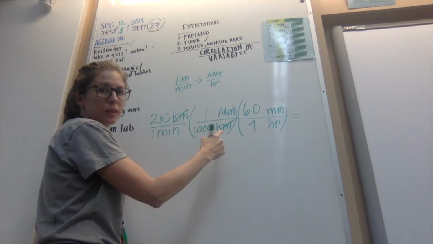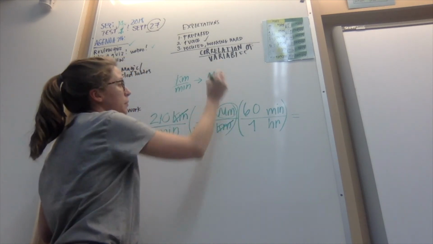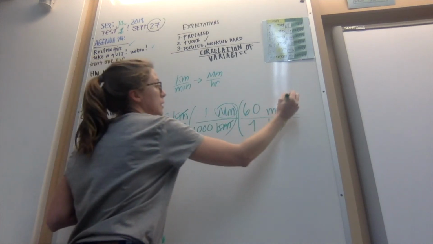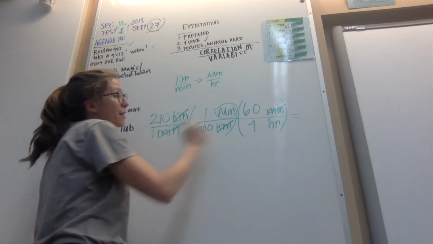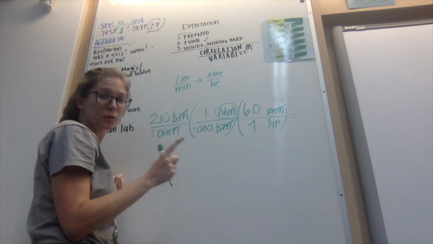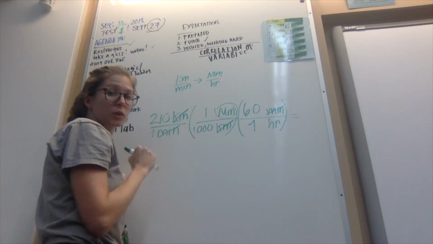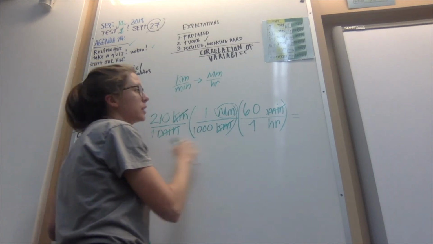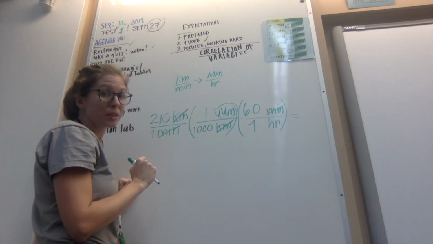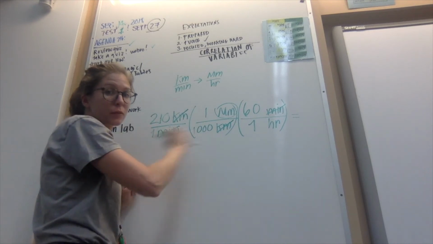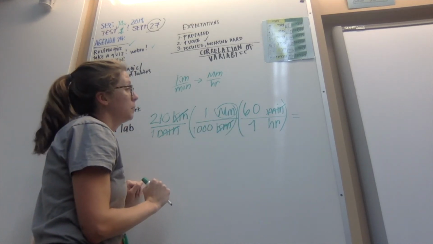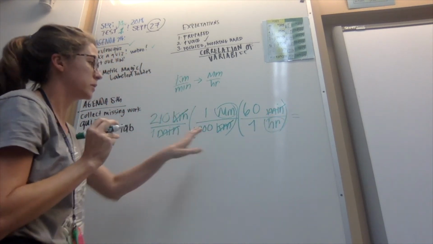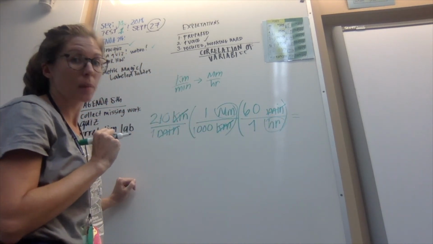So kilometers cancels. My answer needs to have megameters, and there it is right there, not canceling out. Great. And then minutes cancels. Here, bottom to top, bottom to top. Remember, you're always just putting it opposite the unit that you want to cancel. So even though minutes started in the bottom here, that means minutes goes in the top up there. I didn't emphasize that when I first wrote it out. But that's the case. And there's my unit that's in the denominator, hour.